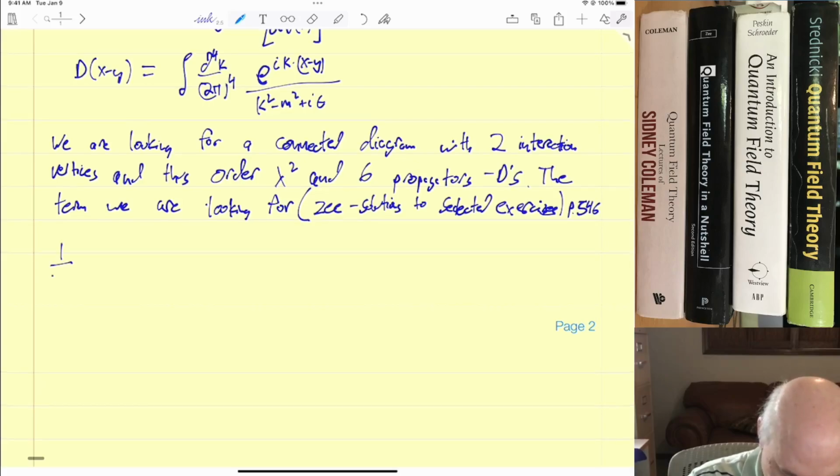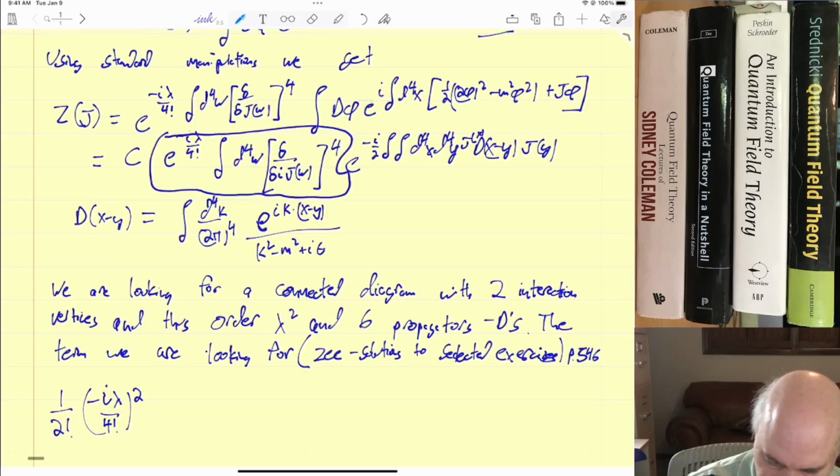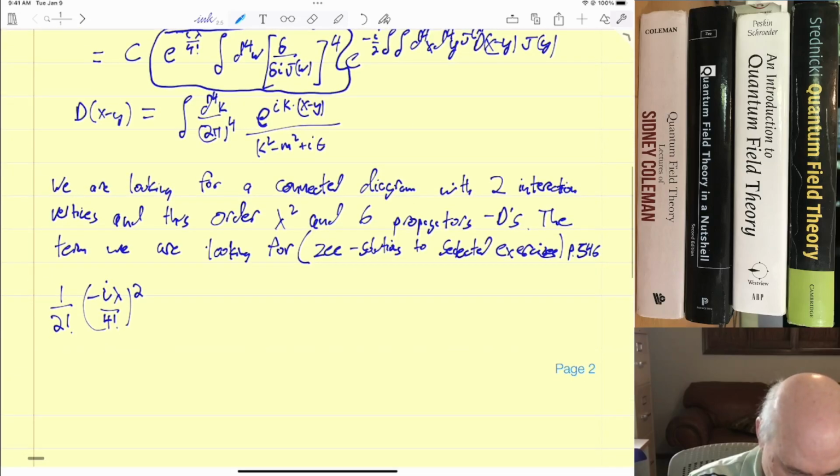So we're looking for 1 over 2 factorial times (minus i lambda over 4 factorial) squared. So what we're doing is Taylor expanding this thing, and we're taking the second term in that Taylor expansion. So it's 1 over 2 factorial, that term squared. I won't always put double integrals with 2 integral signs, but I will for right now.